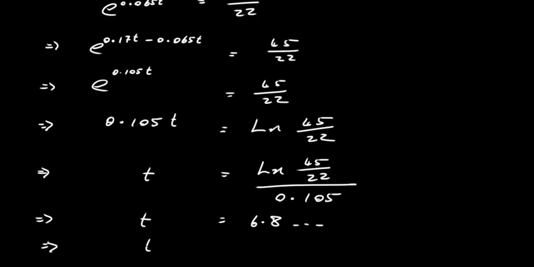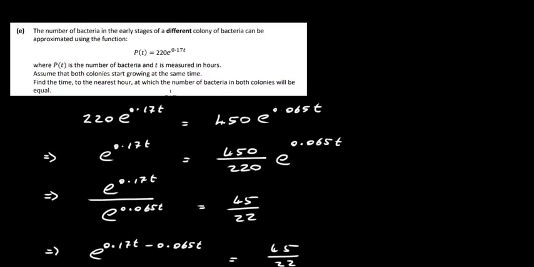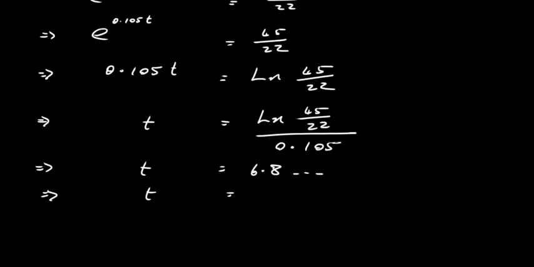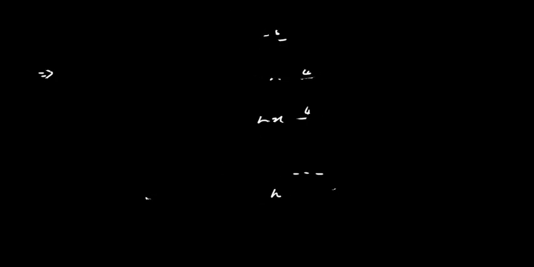We're asked to find the time to the nearest hour, so if we have 6.8 here, it's 7 hours, to the nearest hour. Okay, and that's it for this particular question.